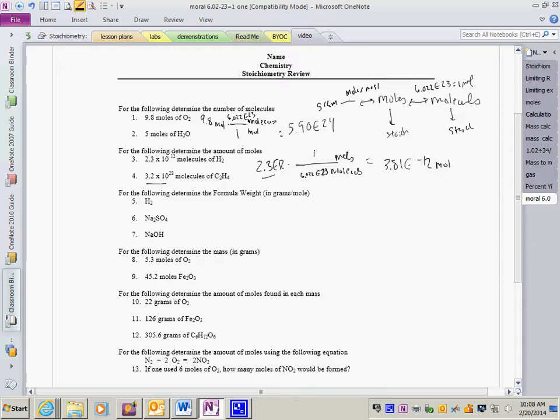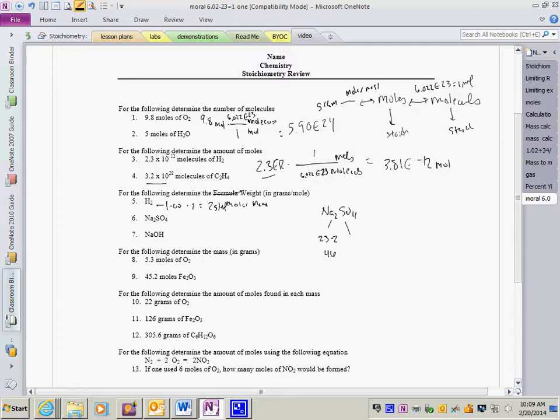Determine the formula weight, or another way of saying that would be the molar mass, or molecular weight. So this is going to be 1 times 1.00 times 2 equals 2 grams per mole. That's how much 1 mole weighs. For sodium sulfate, I'll do that one over here. This is 23 times 2 is 46.